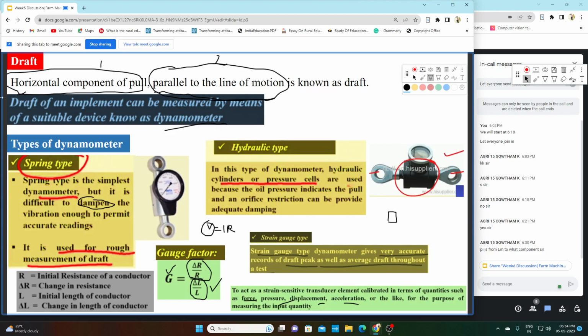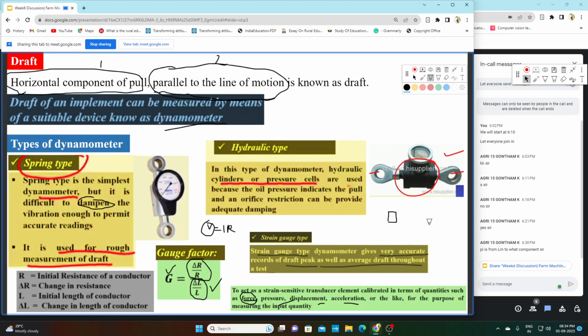As we are talking about the dynamometer, the change is calibrated to force, and force is nothing but your draft. We stick those stickers in the places where we want the draft.